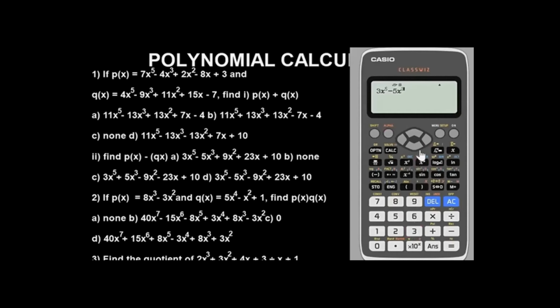Oh, very interesting, guys, 5x cubed, plus 9x raised to power 2, plus 9x, sorry, that's 9 plus 23x. Hope you are getting it. Let's check. Yeah, it's correct. Plus 10. Alright, so let's press equal to and see what this option A will give us.